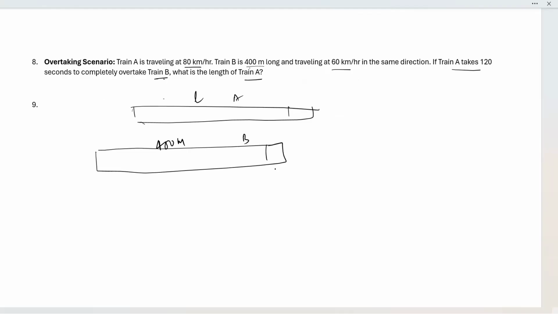Let it be L. The speeds are given. Speed here is 80 kilometer per hour. Here the speed is 60 kilometer per hour. Anyways, I don't have to change the diagram. Let this be the engine, and the last bogie.